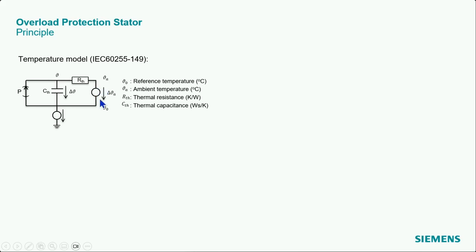And here we have a voltage source, which is basically a temperature difference source. So if the ambient temperature is different, we need to use this additional source here to describe that situation. And this can also be a negative value. And we have a reference temperature here, which is normally 40 degrees. Okay, and that should be it for the theory, basically.